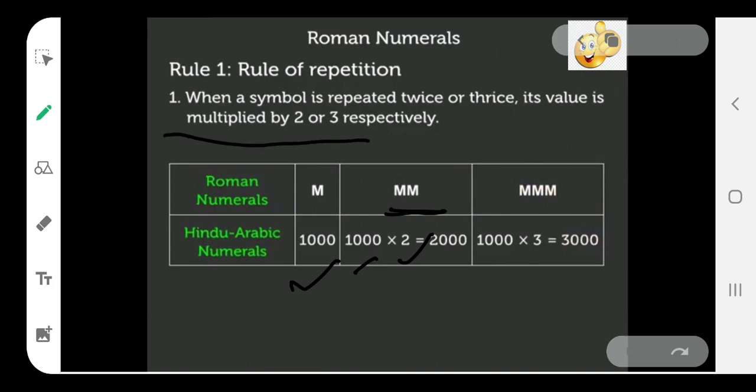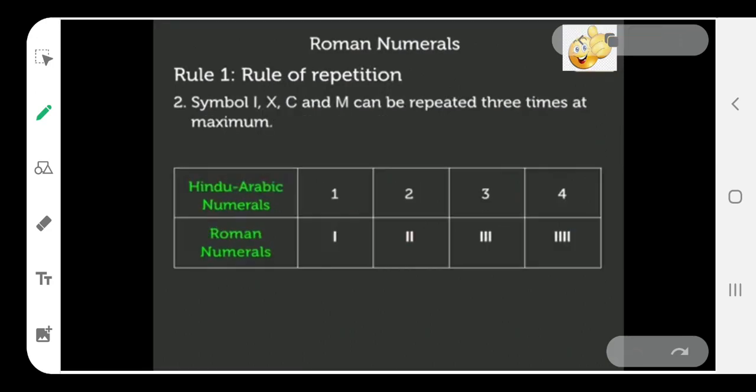So it will be 2000. Similarly, if it is 3 times, it will be multiplied by 3 and it will become 3000. Okay. Same can be done for any Roman numeral.